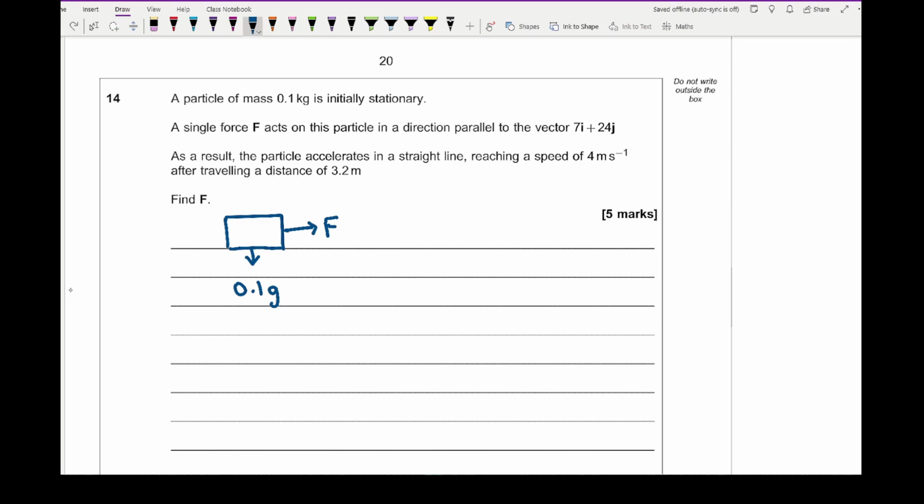We have initially stationary, reaches a speed of 4 meters per second, and a distance of 3.2 meters. So we have elements of Suvat as well.